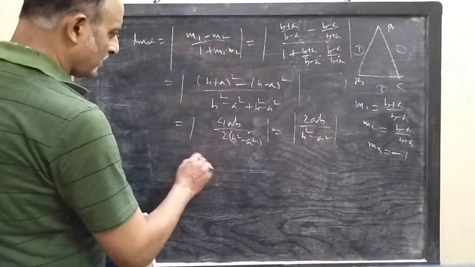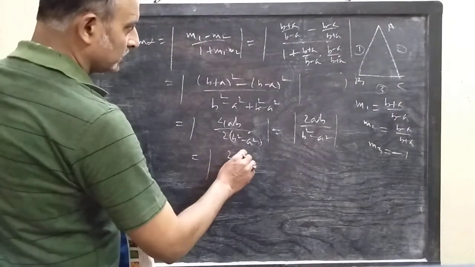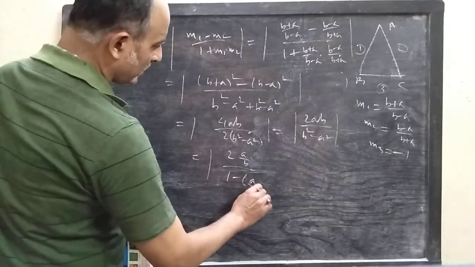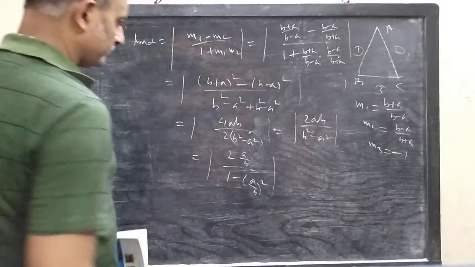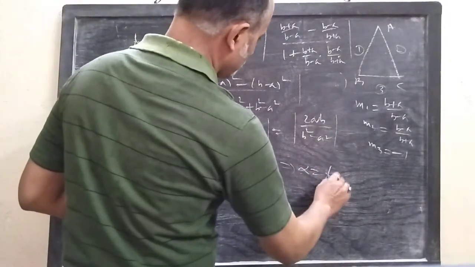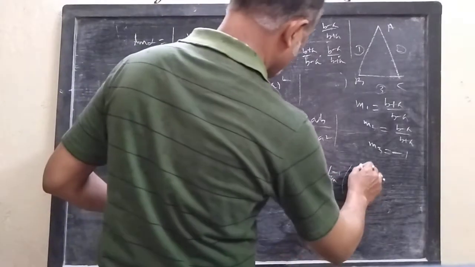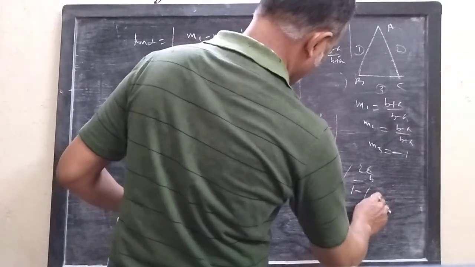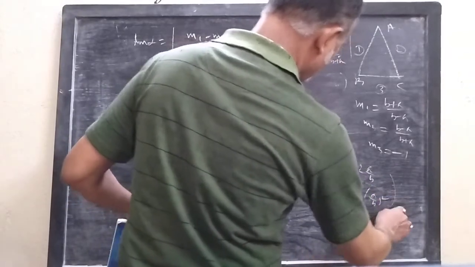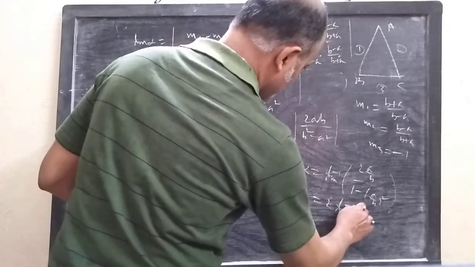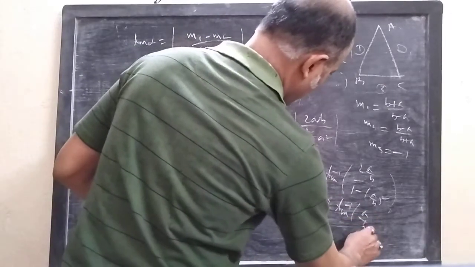You can write it as (2a/b)/(1 minus (a/b) whole square). So you can write alpha equals tan inverse of (2a/b)/(1 minus (a/b) whole square). This will become 2 tan inverse of a/b.